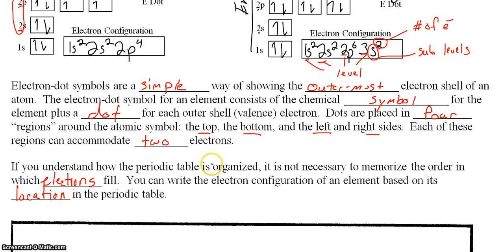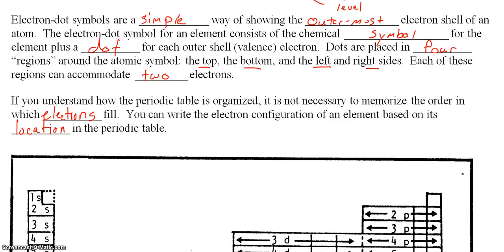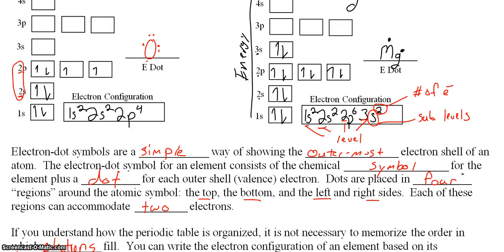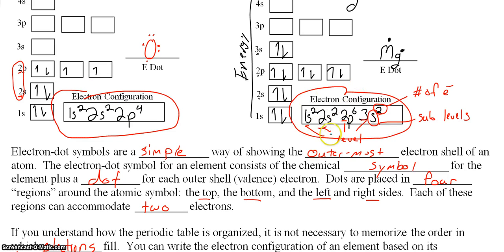We'll cover this more on Monday because that can be a little bit tricky, and I probably should see what your faces are doing as we look at this. For today, we just want to be able to write this. Can we write configurations and know what they mean? And can we write dot structures? So we're going to practice with that now.